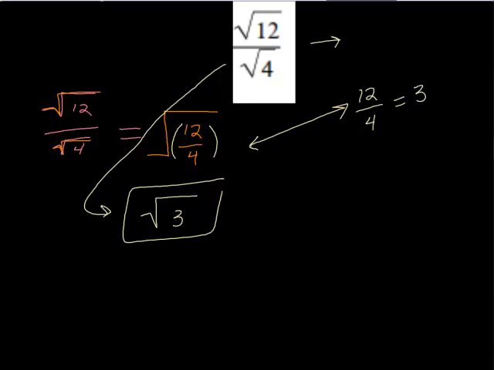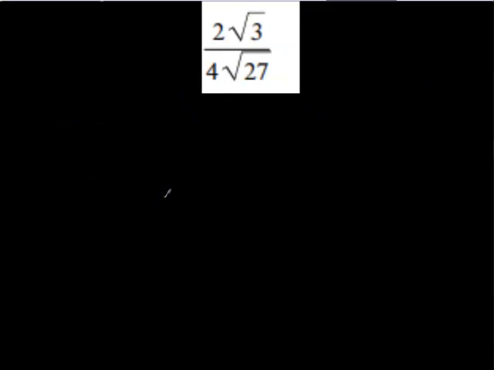So let's go to another one quickly. This is the same kind of thing, and what I'm going to show you is called partitioning. Can you see the 2 over 4 here? I'm going to partition it out, and then take this square root of 3 over square root of 27.